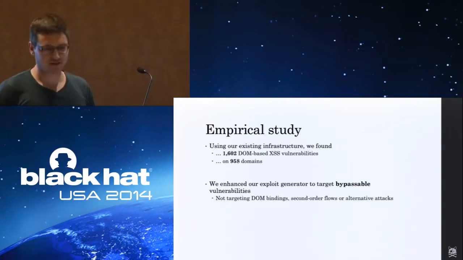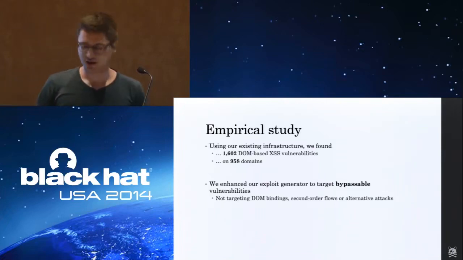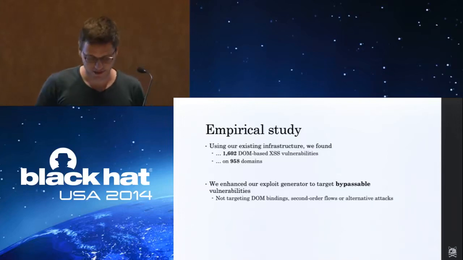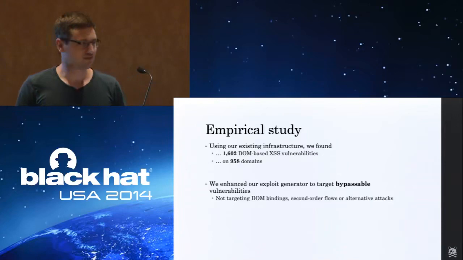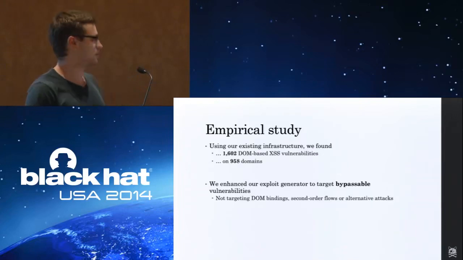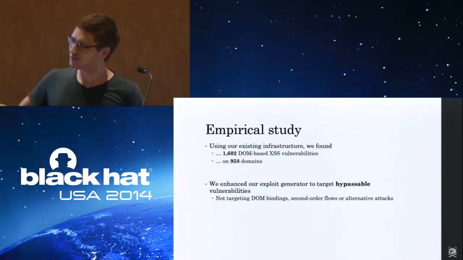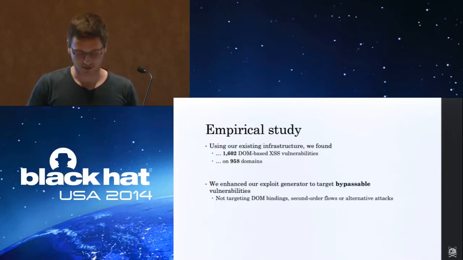So we used our existing infrastructure. We had these 1,600 unique vulnerabilities on 958 domains. And we took our existing exploit generator, which I didn't show you here because it would be way too complex in this case, and added a few if conditionals here and there to enable us to use these vulnerabilities we found.